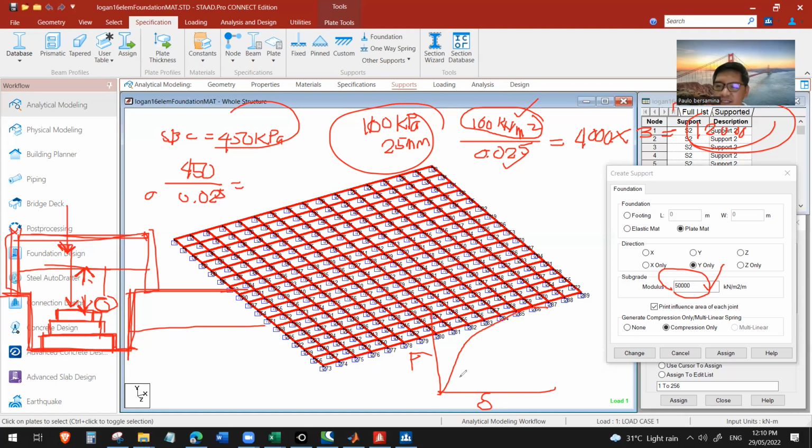Basically the subgrade modulus is the slope.